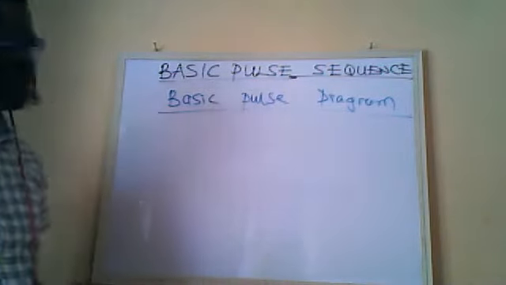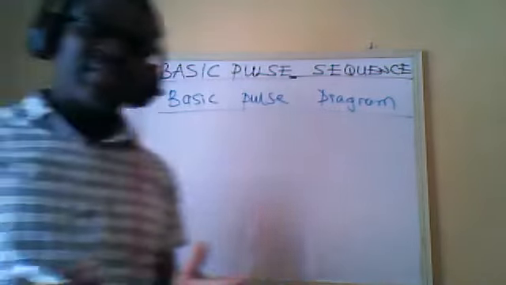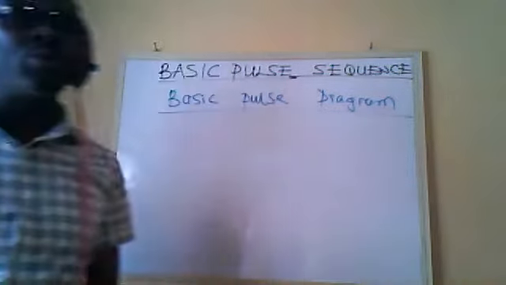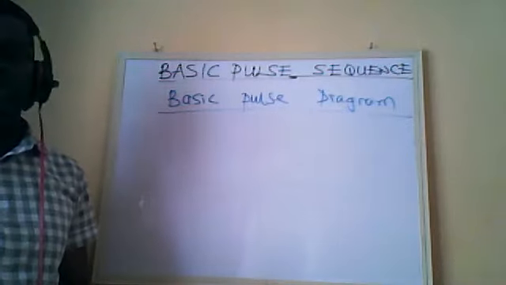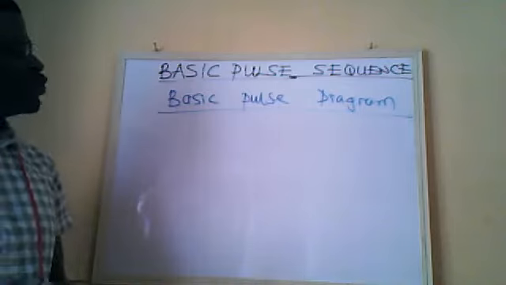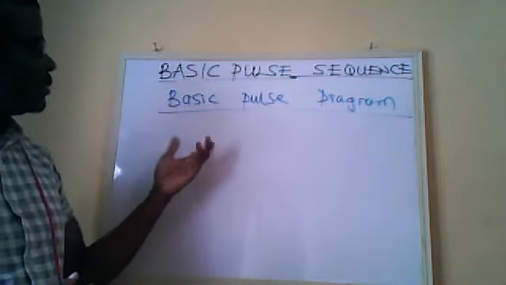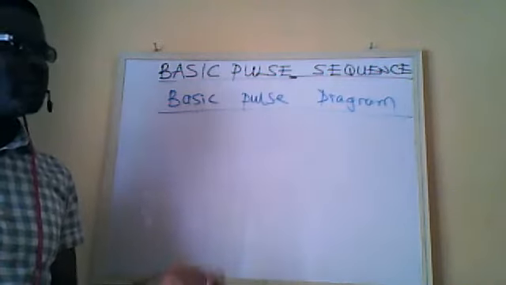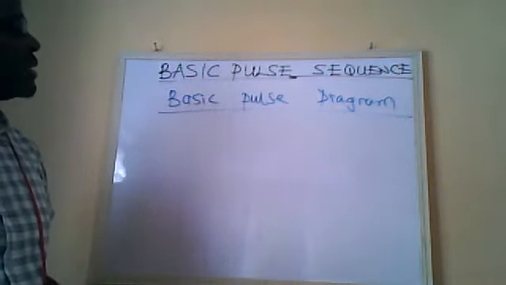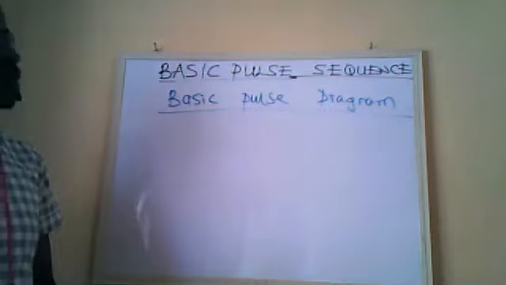Whether we are using inversion recovery, spin echo sequence, or gradient recalled echo sequence, we need to know what is happening at each point in time. We need to be able to diagrammatically sketch what is going on.